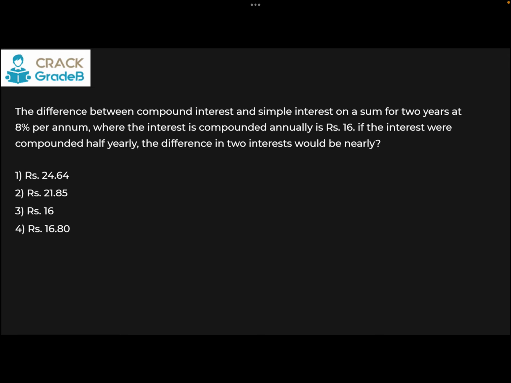The difference between compound interest and simple interest on a sum for 2 years at 8% per annum, compounded annually, is 16. So again we can say the principal is X, rate of interest is 8% per annum, and number of years is 2.